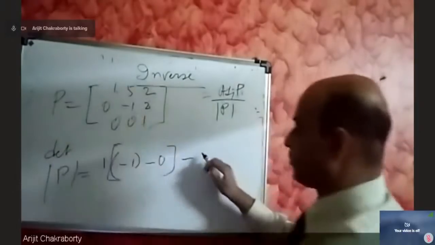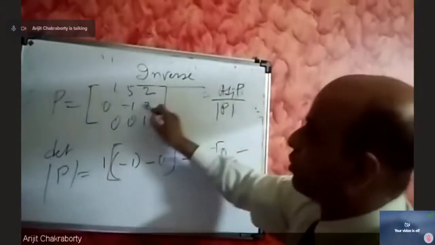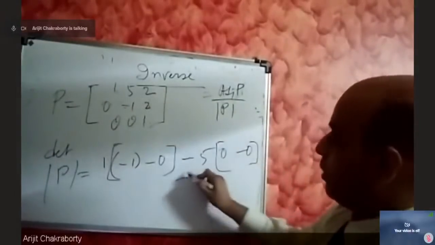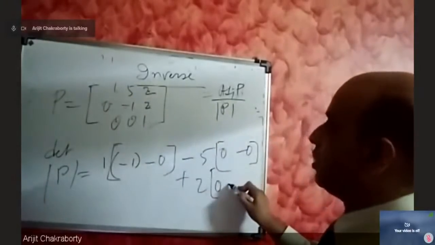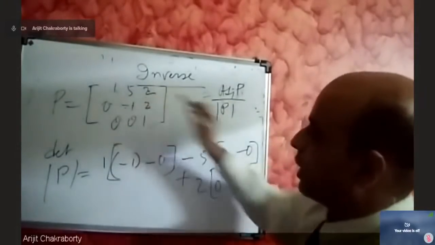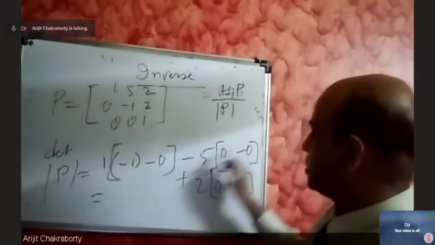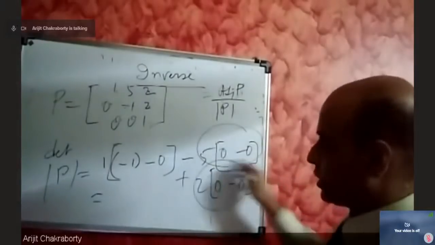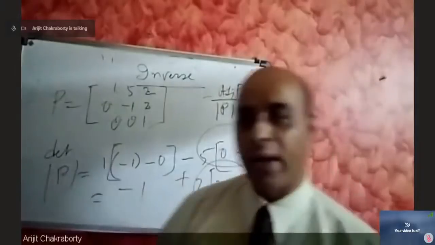Minus 5 times 0 into 1, that is 0, minus 2 into 0 is 0, plus 2 times 0 into 0 is 0, minus 0 into minus 1 is 0. So the other parts are 0, and you get minus 1. So the determinant of P will be minus 1.